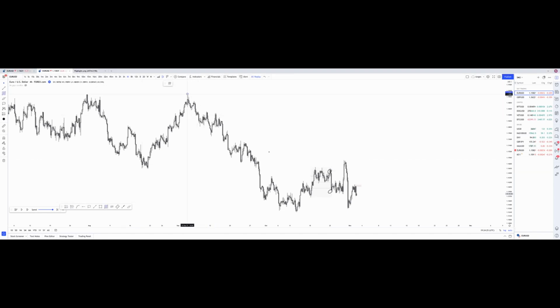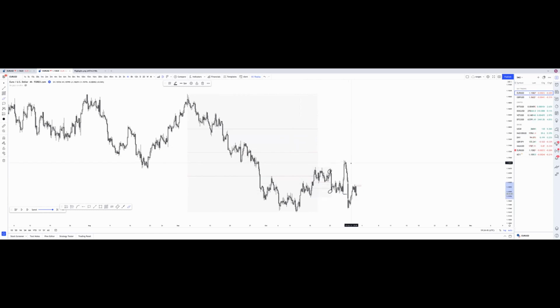So realistically, what I was expecting initially was price to come after we had this push. I think me and probably half the world didn't expect this low to get taken quite like this, right?